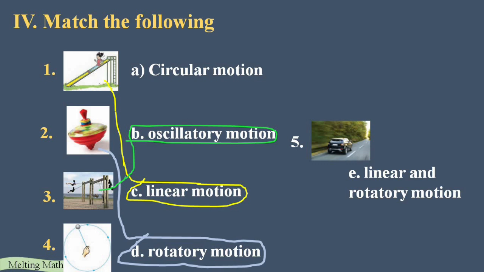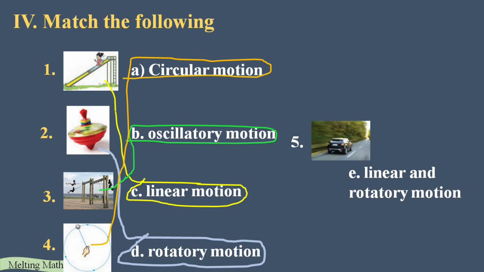If you tie a stone at one end of a string and rotate it from the other end using our hand, it will rotate, it's seen rotating only. So the fourth one's answer is that it's in a circular manner. If we rotate it, we get a circular motion of that stone. So the fourth one's answer is circular motion.